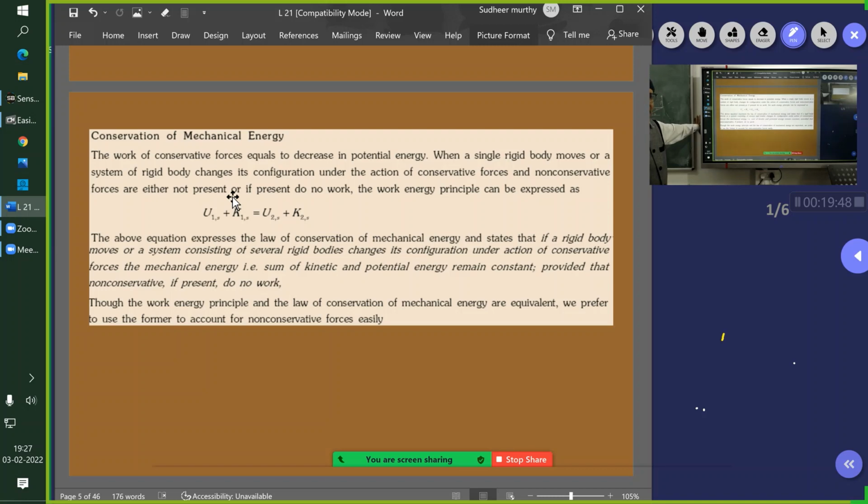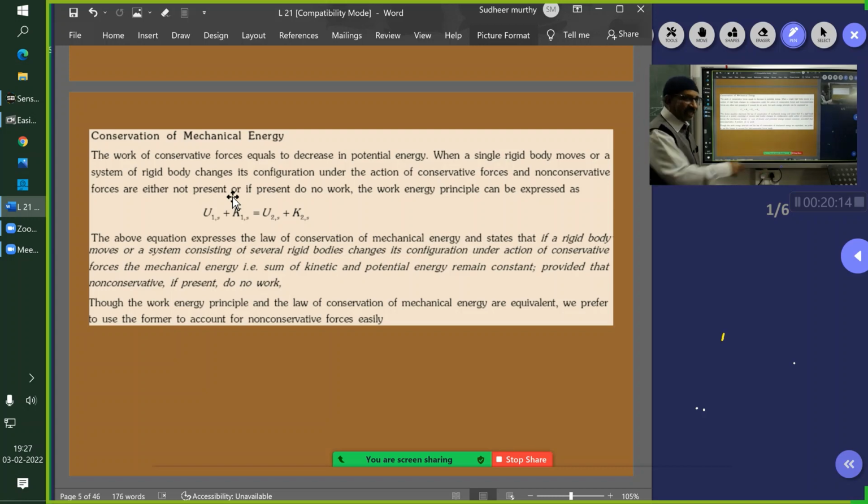Friction is a non-conservative force. Will it increase or decrease the kinetic energy? It will do both, depending upon the situation. In earlier problems, when the disc was rolling and you put it on the ground, what happened? The frictional force accelerated it.